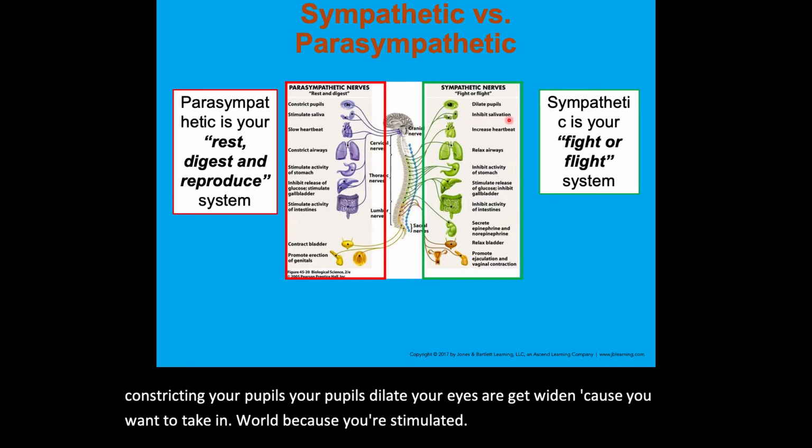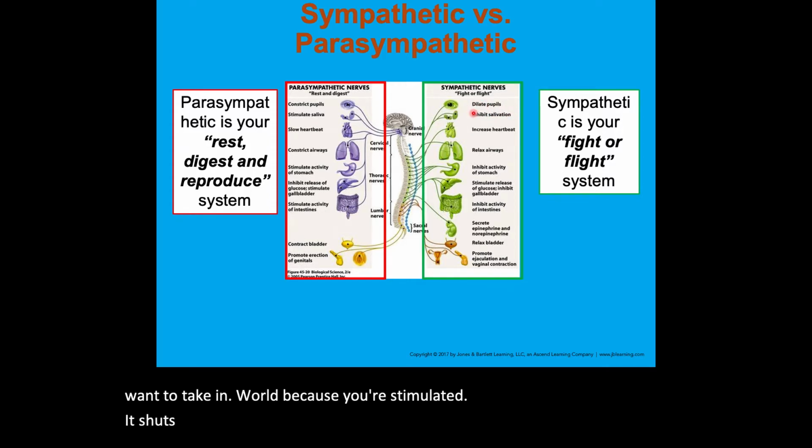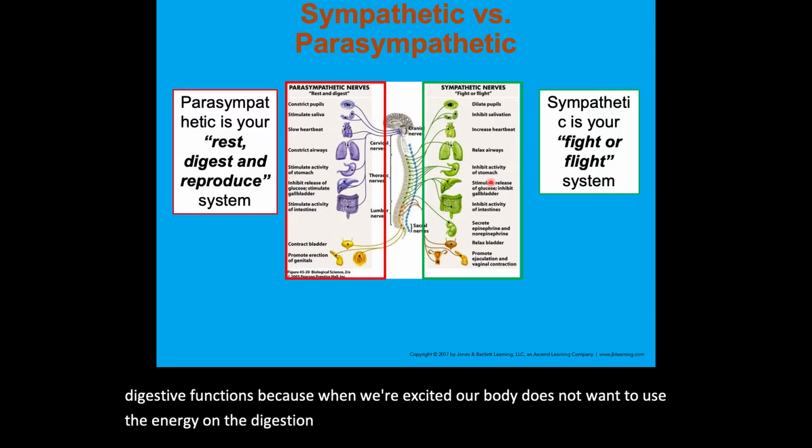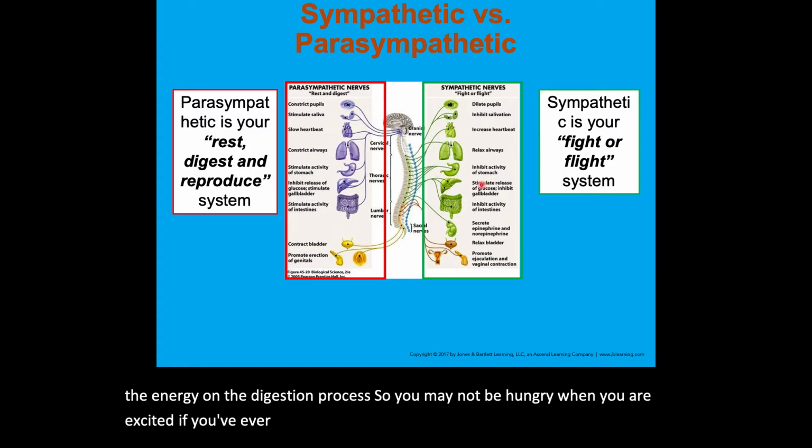It shuts down saliva production. It shuts down stomach activity and other digestive functions, because when we're excited, our body does not want to use the energy on the digestion process. So you may not be hungry when you are excited, if you've ever noticed that.